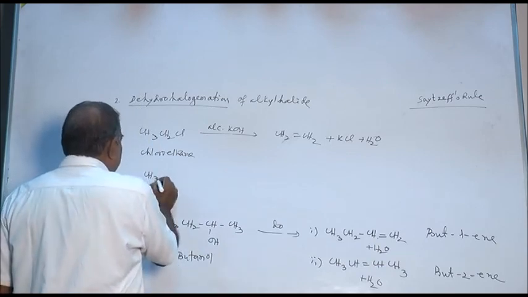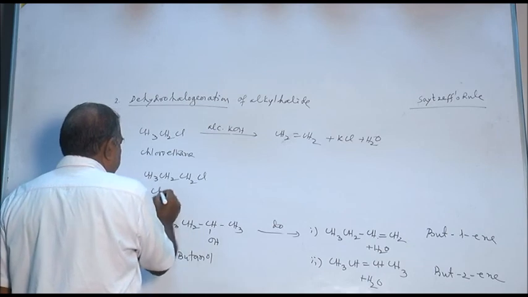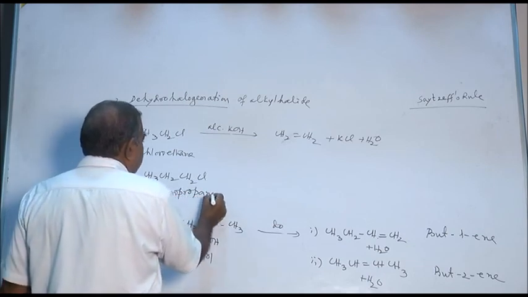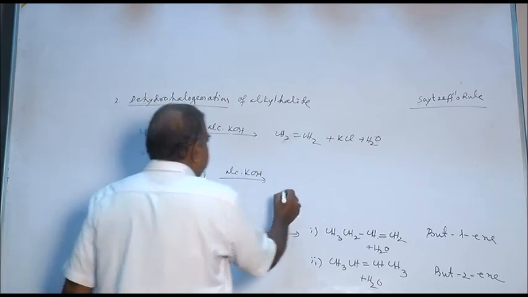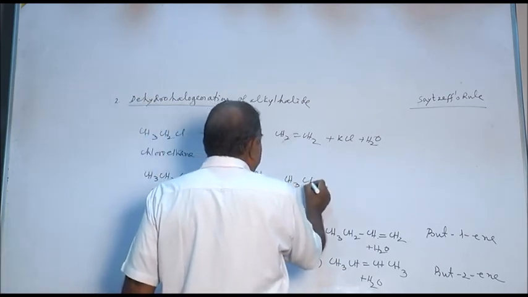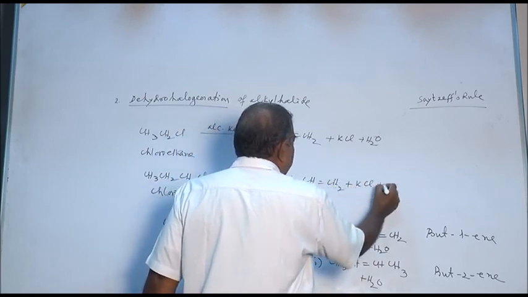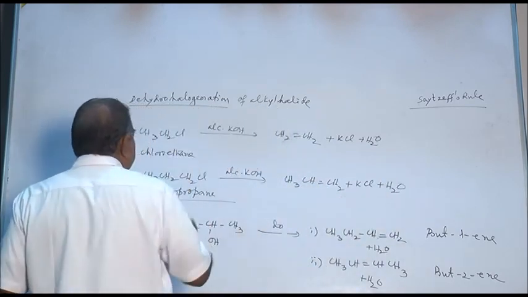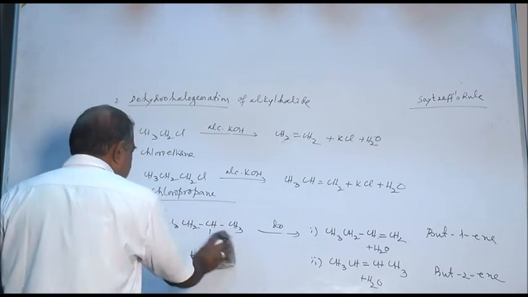Similarly, if you are taking chloropropane in presence of alcoholic KOH, you will get propene, potassium chloride, water. These are two primary alkyl halides.